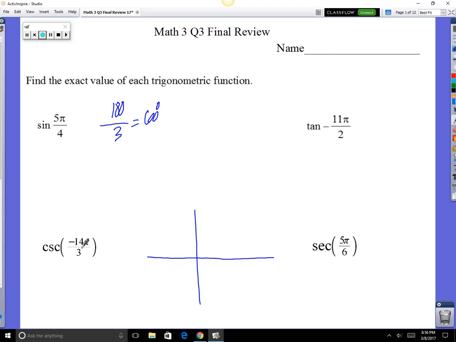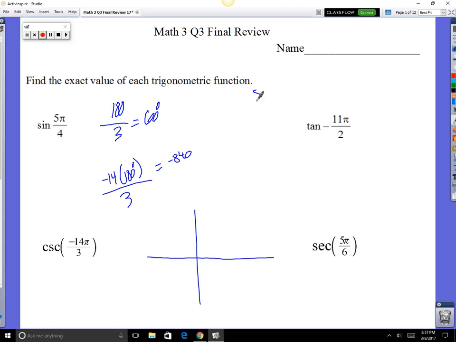Let's go negative 14 pi, and every pi is 180 degrees divided by 3. So if I do negative 14 times 180, divide that by 3, that is a negative 840.